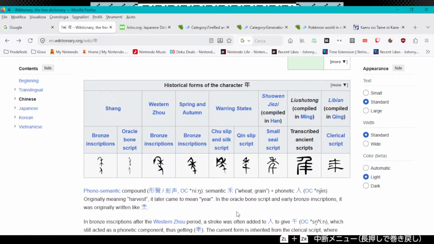And honestly, when used as a radical, you could say usually that, more specific. Then originally the phonetic was the person, again for the same reason as you have seen for sen. It says here that the original meaning was harvest and then later came to mean ear.